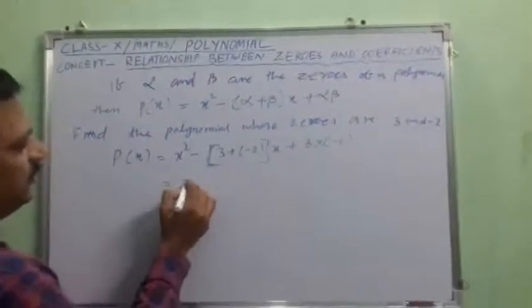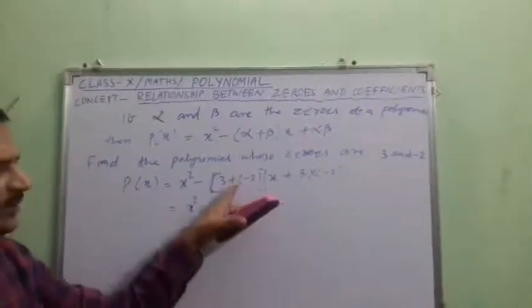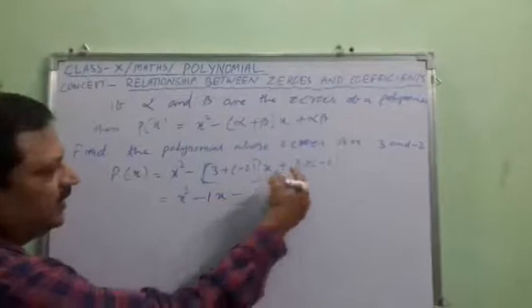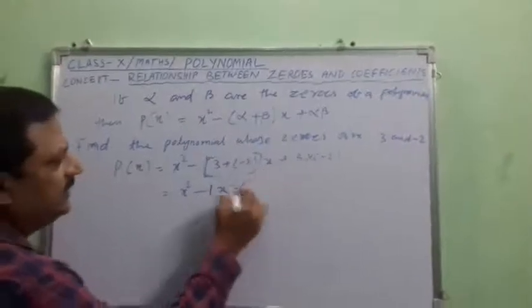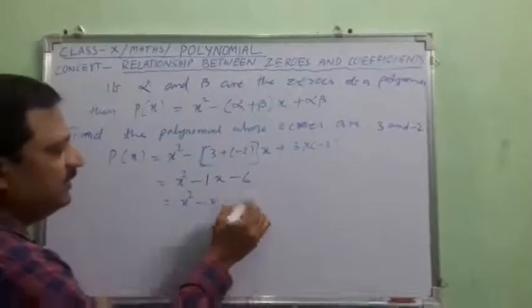And this will give you x square minus, 3 plus minus 2 is 1, so 1x, and this is minus 6, that is equal to x square minus x minus 6.